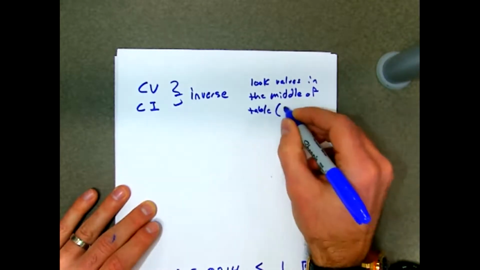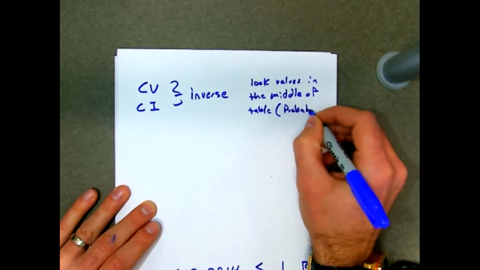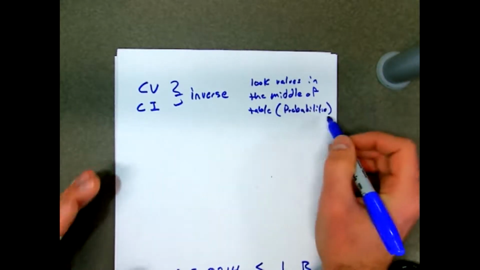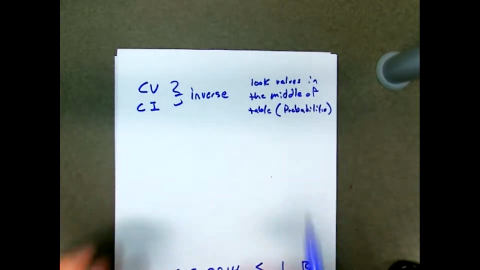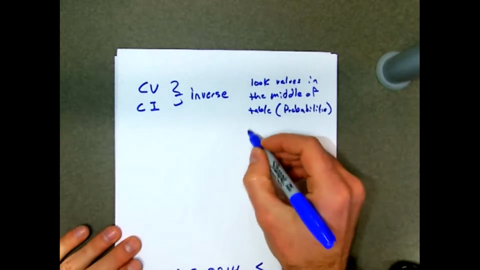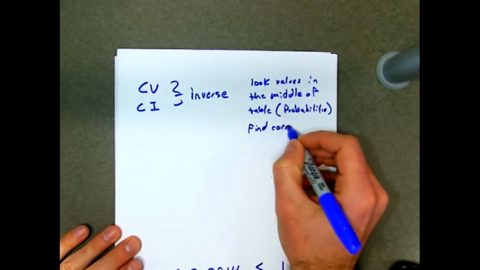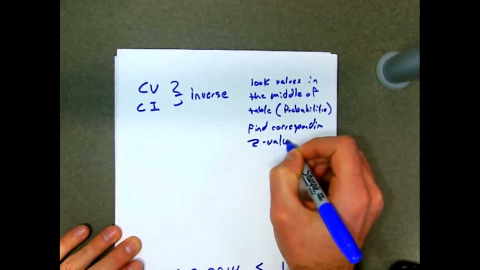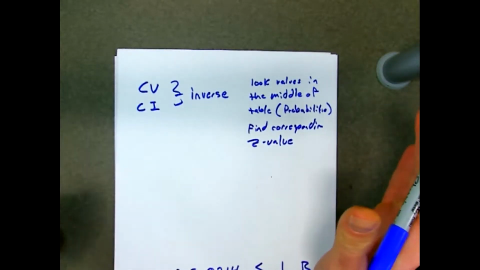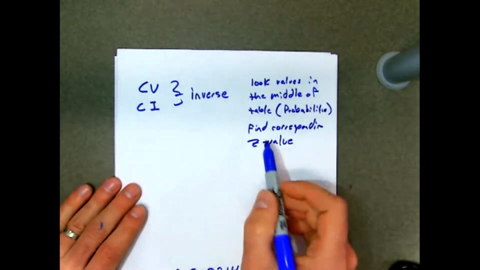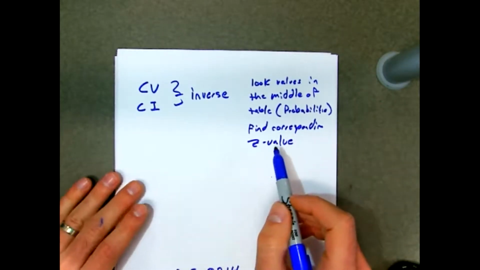Or said differently, you're looking up the probabilities or whatever you want. That's not spelled even closely correct, but you know what I mean there. So probabilities that you want in that tail, right? And you want to find the corresponding z-value. I have a hard time writing and talking sometimes. I get mixed up there. So that's the inverse process, right?